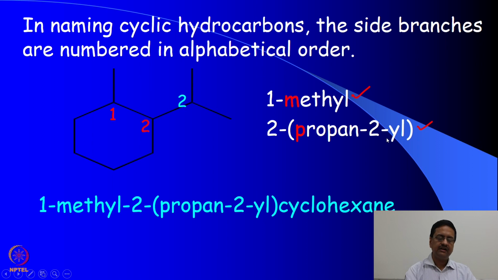So, while numbering it, we should give methyl the first priority because M comes before P. So, we write it as 1-methyl. At 2 position we have propan-2-yl, because this is a 3-membered group connected in the middle portion. So, we write it as 1-methyl-2-propan-2-yl cyclohexane.